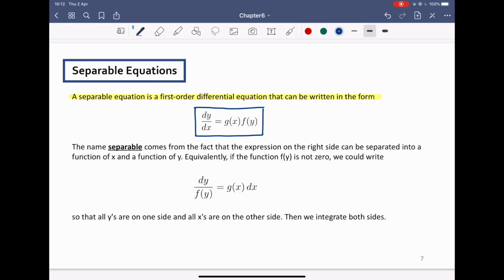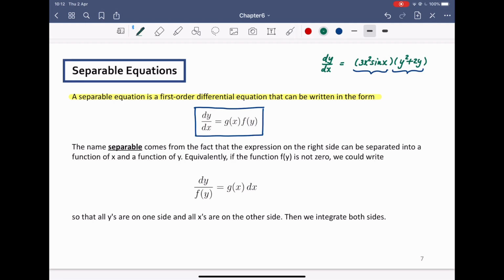For example, if I have a differential equation dy/dx equals 3x squared sine x multiplied by (y squared plus 2y), this is called a separable equation because on the right hand side you see a function of x multiplied by a function of y.